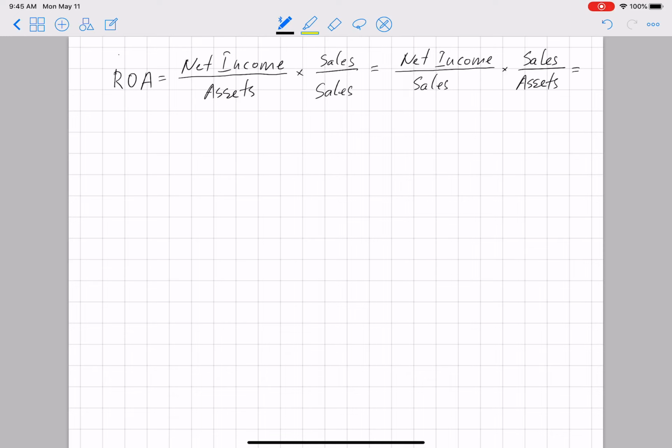Now, net income divided by sales is your profit margin. And sales divided by assets is your asset turnover.